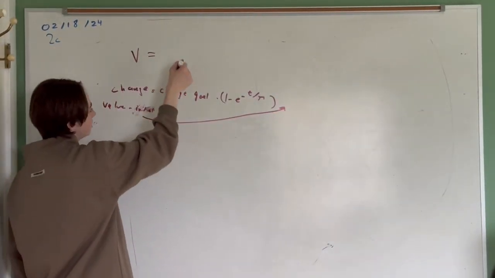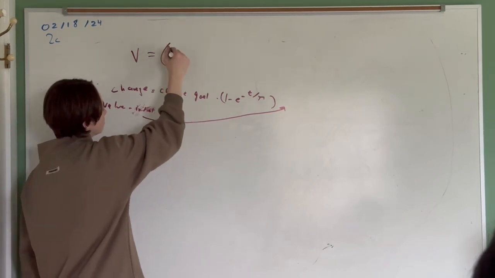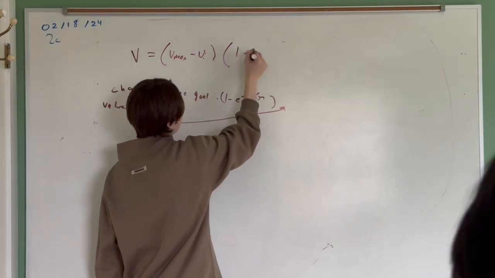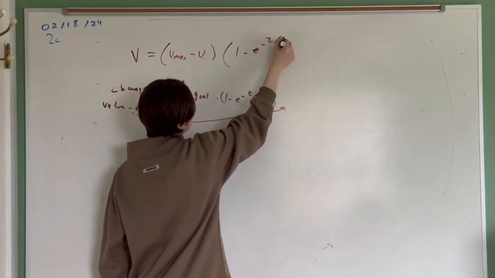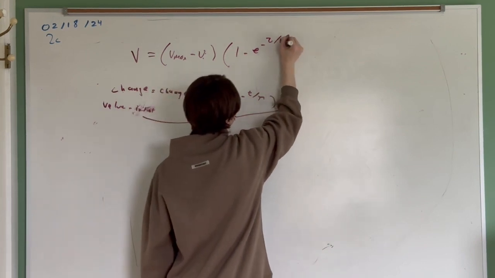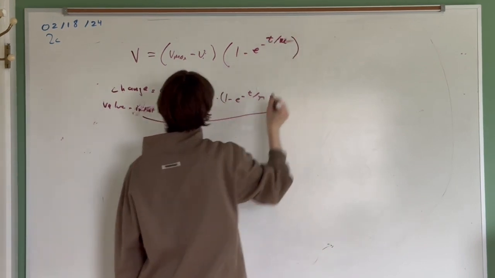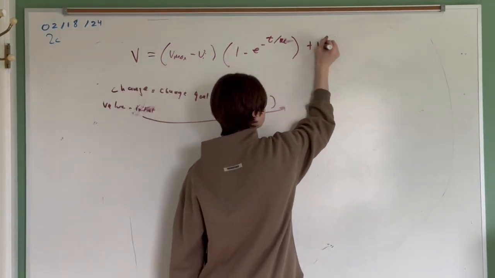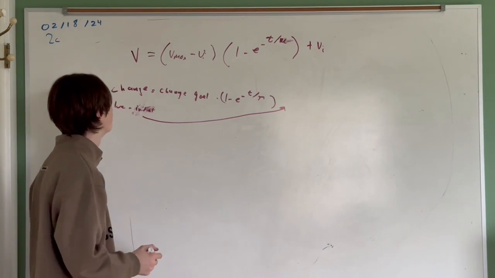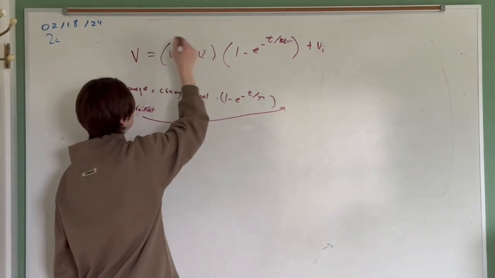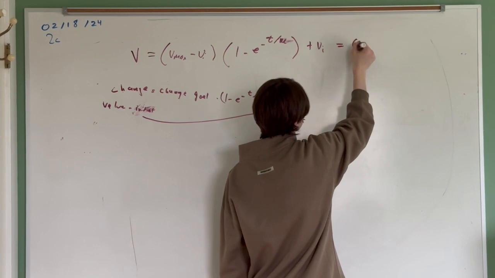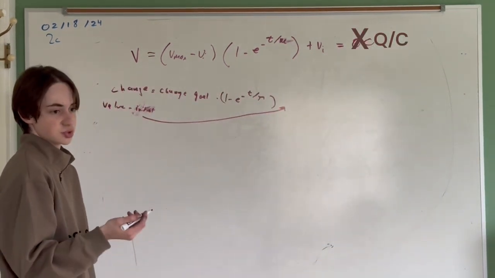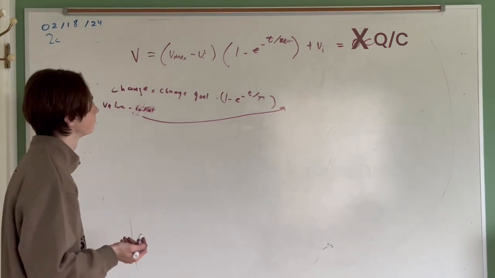So V is just going to be equal to the change goal of V. So we have V max minus VI times 1 minus e to the negative t over RC, and yeah, plus VI. Or it's also just equal to Q times C. Multiply the capacitance by the charge, just like you always have been able to do with the capacitor.